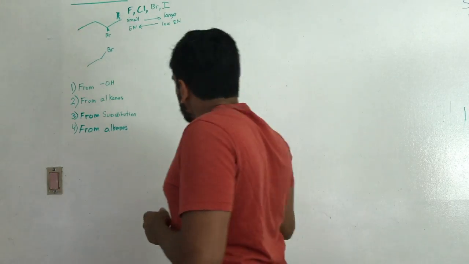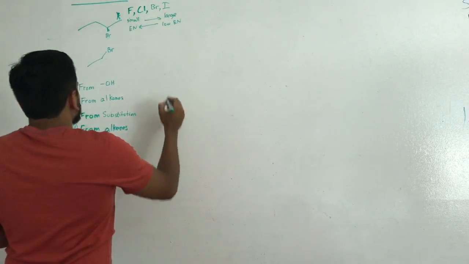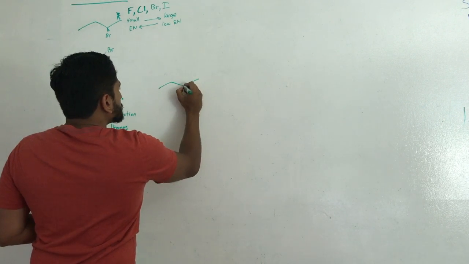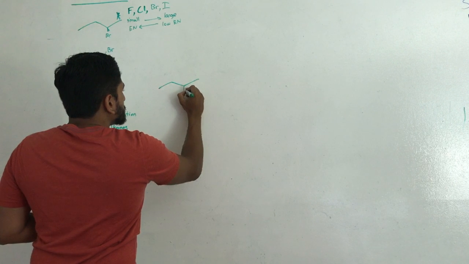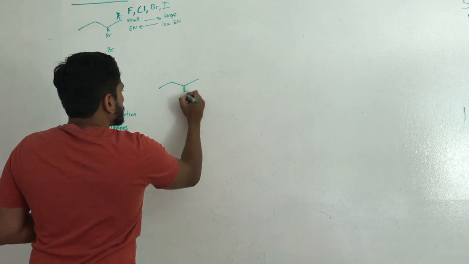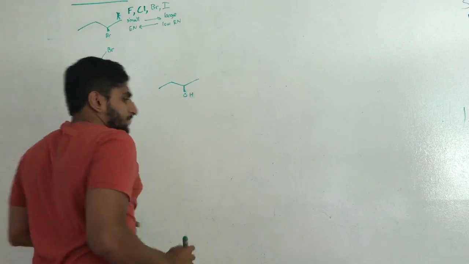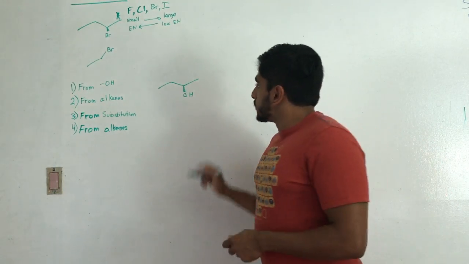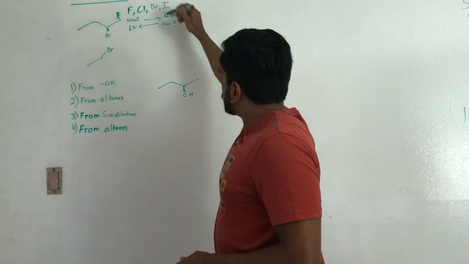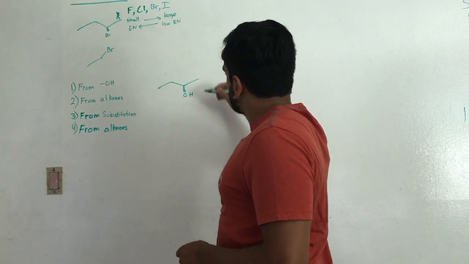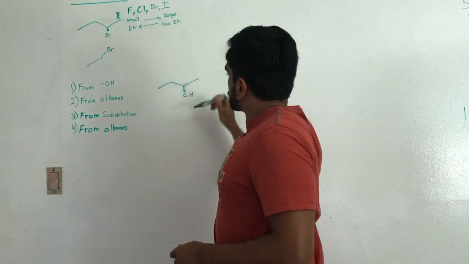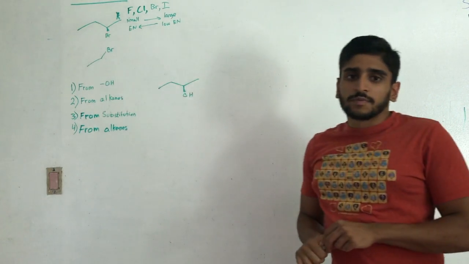So, to start off, from an alcohol, the compound you would start off with is this. And essentially all you're doing is you're substituting the alcohol group for a halogen group. Because remember that all of these have a minus charge, and so does an OH group.